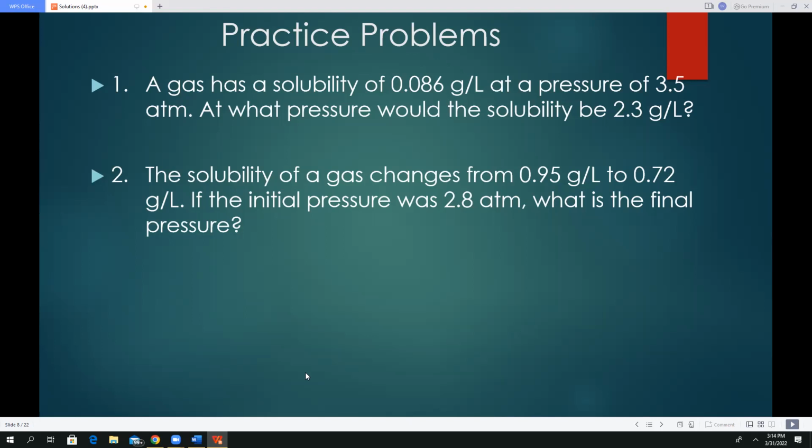Okay, so we need this pressure too. All right, so it's S2 equals S1 times P2 over P1. Okay.